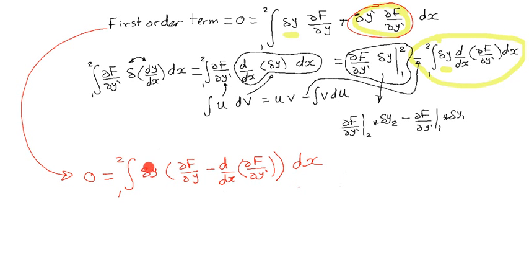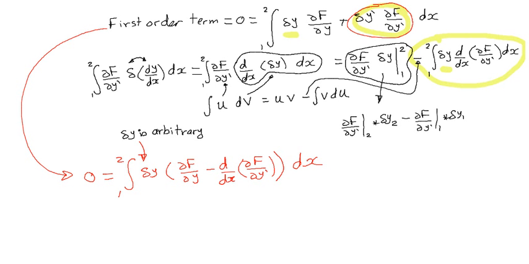Please remember that delta y, which is a function of x, can take an infinite number of values. Yes, it is infinitesimal, but it is arbitrary. It can take an infinite number of values.